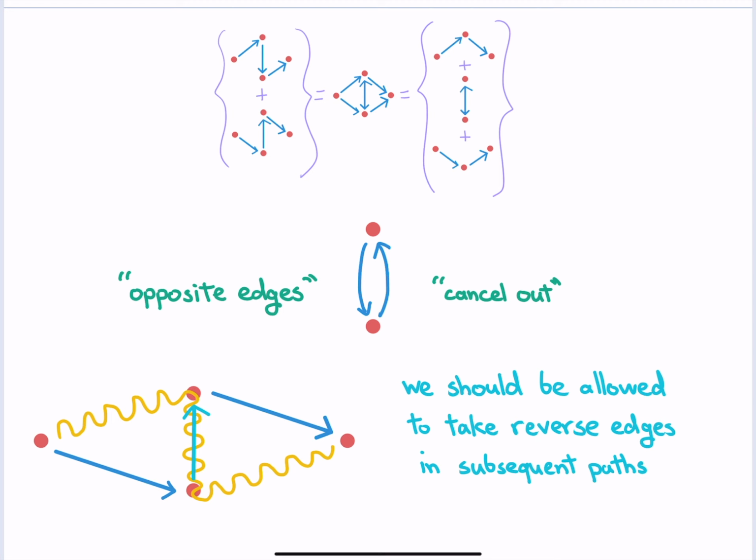Okay. And maybe after I choose one path in the original graph, I should be allowed to use the opposite directions of the paths I already took, because I might be able to cancel them out in some sense.